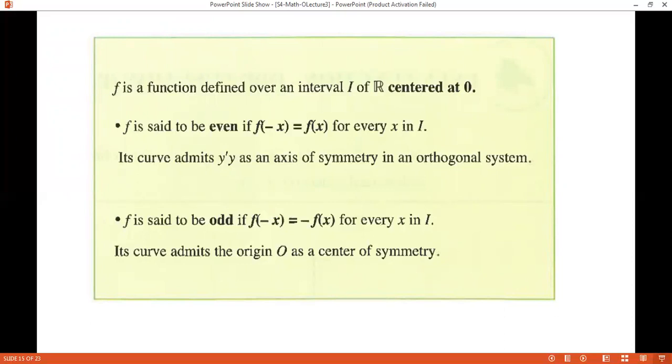We learned the meaning of a function. We learned how to find the domain of definition of a function. We learned that if I have a curve, how can I know that it's a function, and how to know the interval covered by this curve. And we learned the meaning of even and odd functions, the parity of a function, to know if it's even or odd.